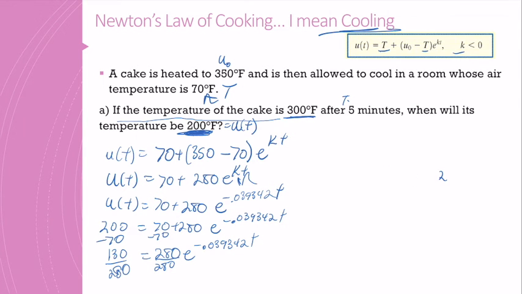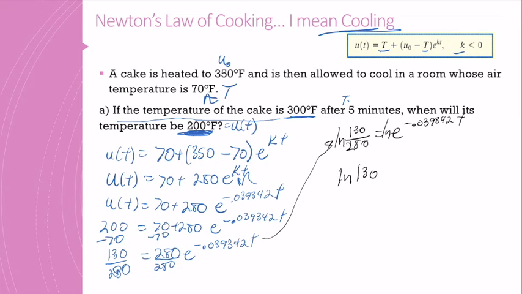If I have 130 over 280, that equals e to the negative 0.039342t. I go ahead and take the natural log of both sides.